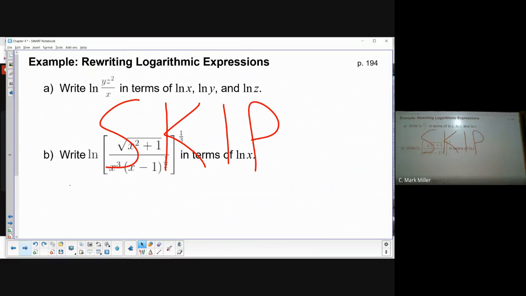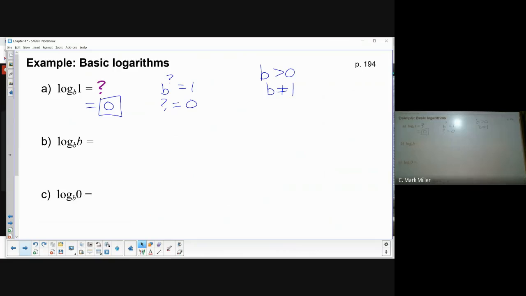Let's get back to where I started by mistake today. Log base B of B is the power I have to raise B to get B. So I call this a question mark.